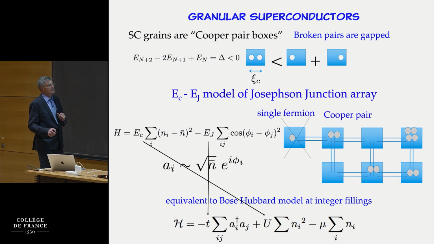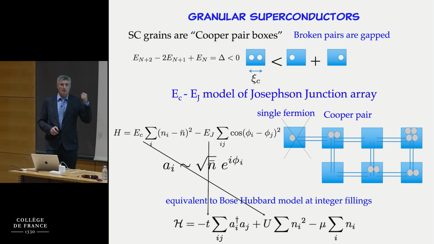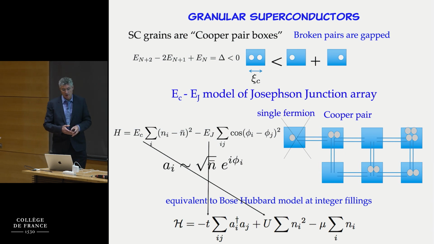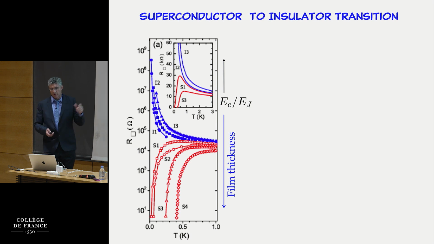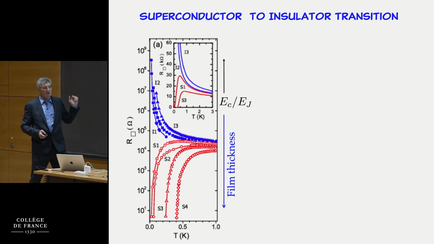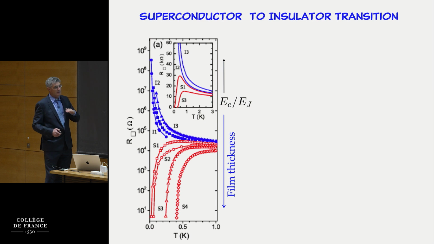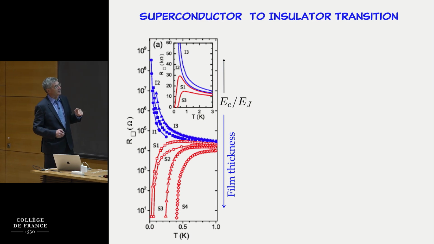So in these systems, one also expects a superconductor to insulator transition, which actually was seen very nicely in lots of experiments, but I don't show the references here. Enormous amount of experiments showing very thin film superconductors where you change the film thickness, so you're changing E_C over E_J. So as the film thickness goes up, you become superconducting because E_J becomes large.